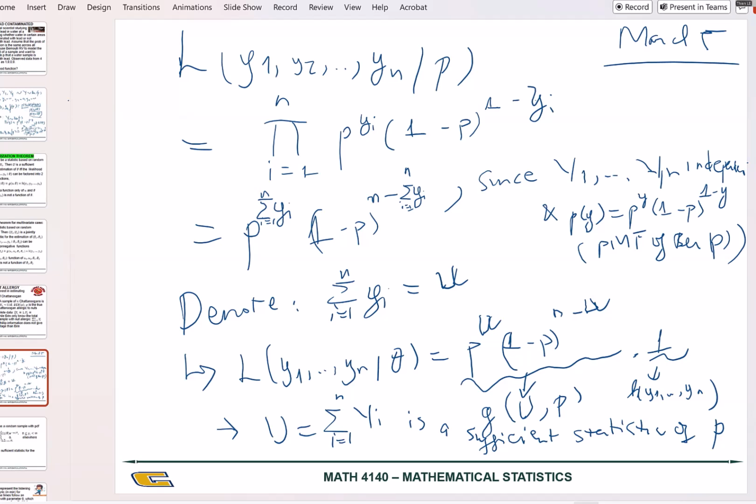The other term, which does not include the model parameter, is your h function. If you can do that, u will be your sufficient statistic. This is the fact from the factorization theorem. This is one very powerful tool.